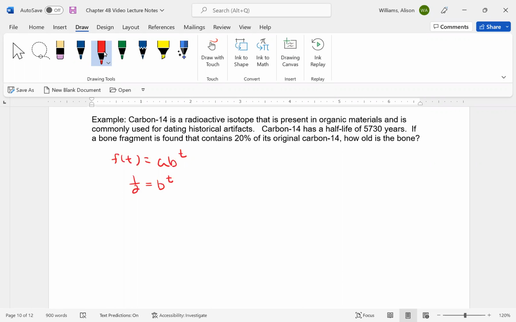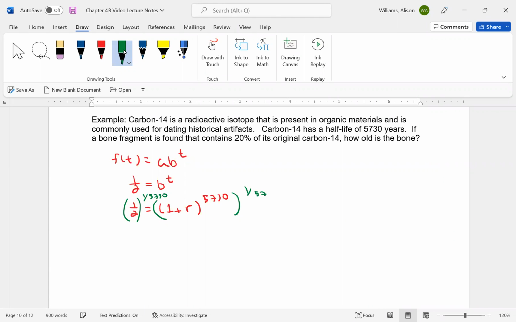Okay, so I need to find the decay rate real quick of R to the 5,730. I'm going to do just what I did above. I'm going to raise both sides to the 1/5,730.